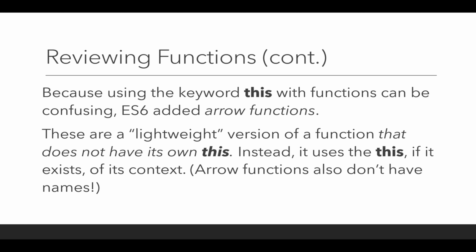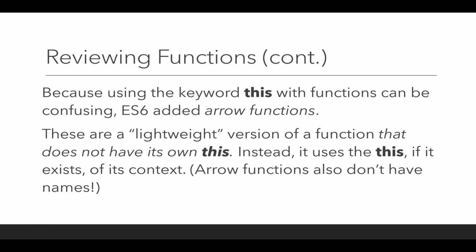In these cases, working with the this keyword could be incredibly frustrating because one would not be sure if the this referred to the inner function, the outer function, or an even outer function than that, because the this keyword would refer to whatever function it was within, and that became incredibly confusing. So arrow functions get rid of that. They are a lightweight version that do not have their own this keyword and do not have names.